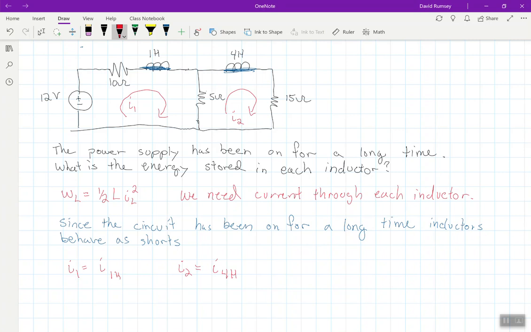So all we now have to do is figure out I1 and I2. And if we can figure out I1 and I2, we get the currents through those two inductors, which then we can go back and find the energy stored in each inductor.